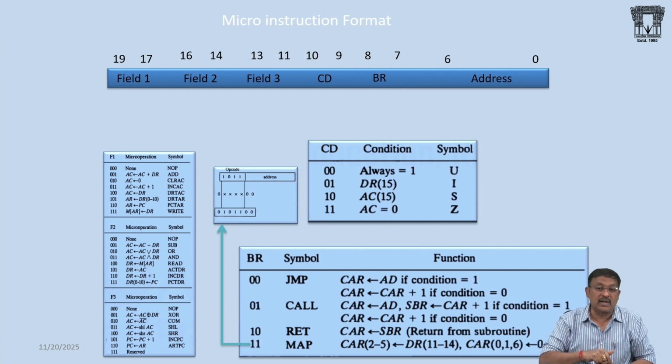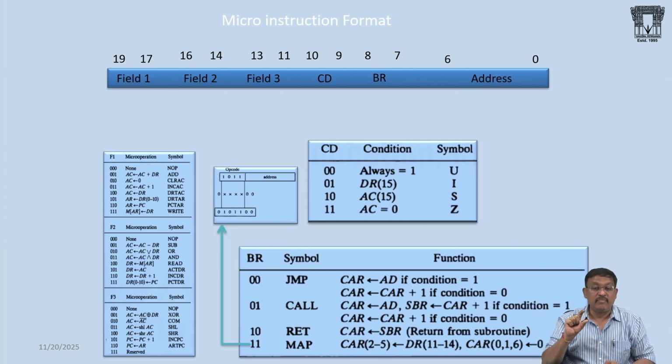Where will you save the return address? The next address is PC plus 1. I already stated: increment the contents of PC by 1. That means the next address to be executed, but instead of executing it, you are branching to execute a subprogram because your branch bits are 0, 1.